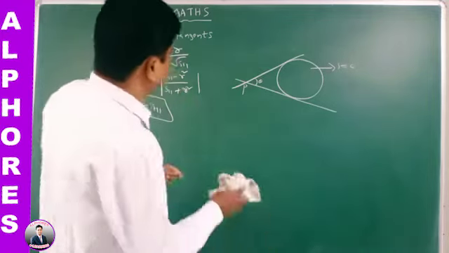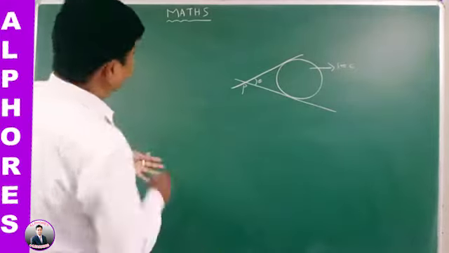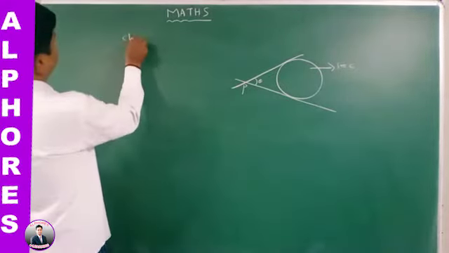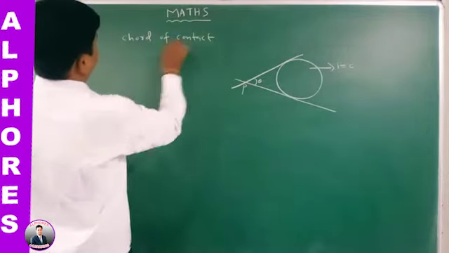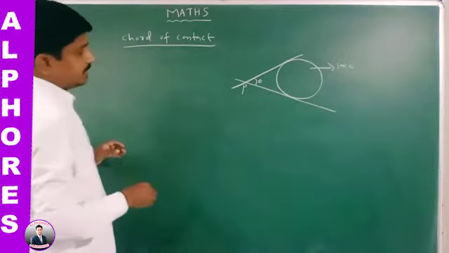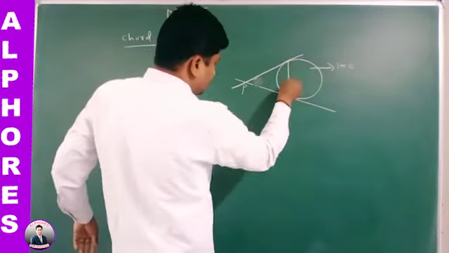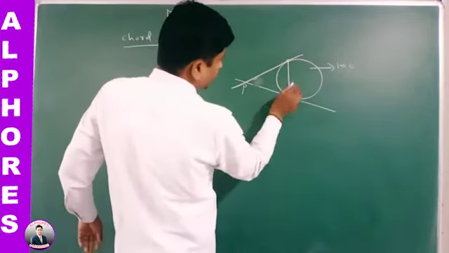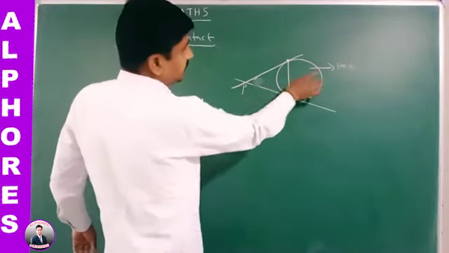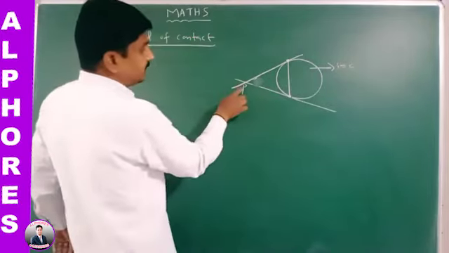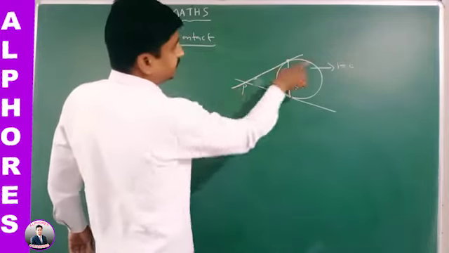Okay, next, chord of contact. The line joining the points of contact of the tangents to the circle S equal to 0 drawn from an external point P is called a chord of contact of P with respect to S equal to 0.